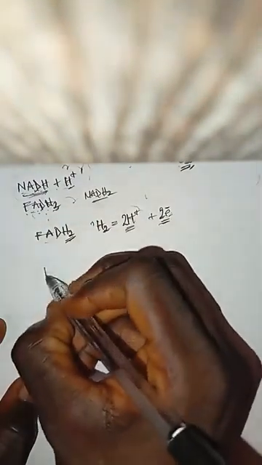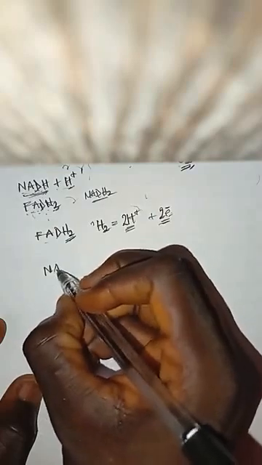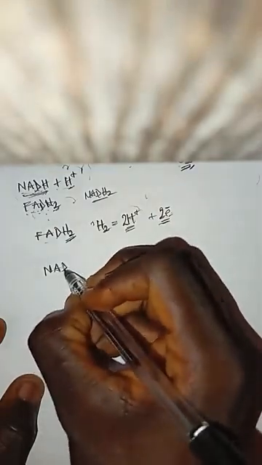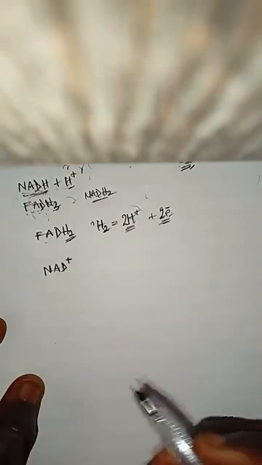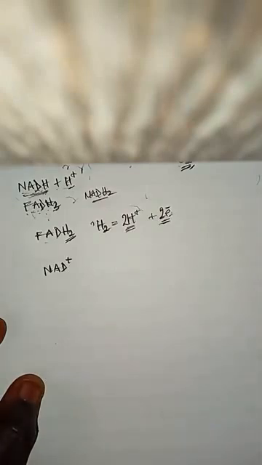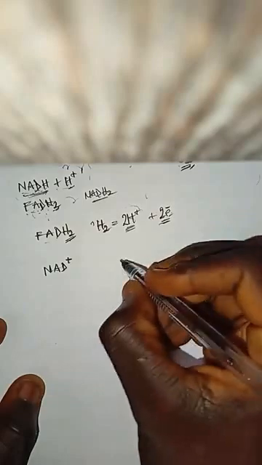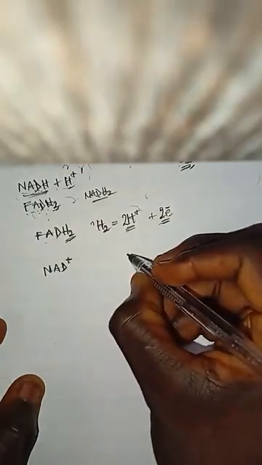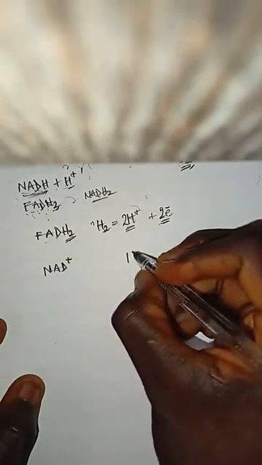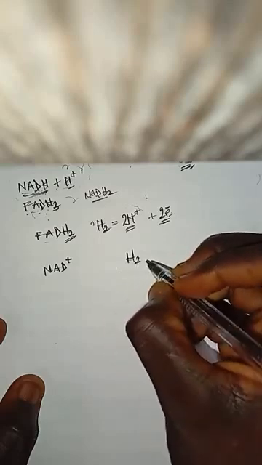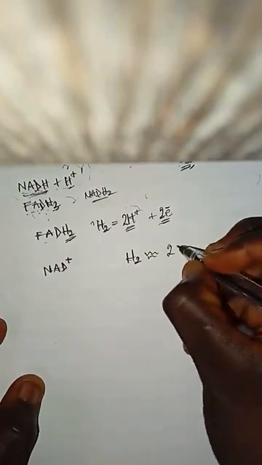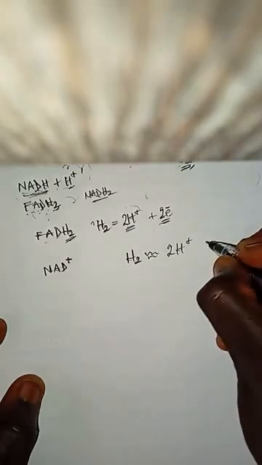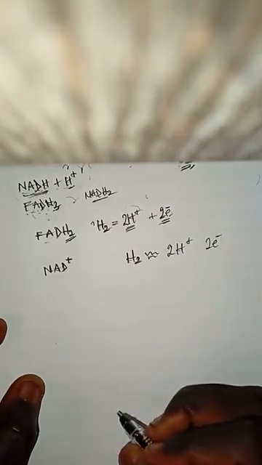Normally, the normal form of NADH is written NAD plus. And you know that these molecules basically will take 2 hydrogen, right? So if we take 2 hydrogen, let me say H2, this is what it is going to take. This thing is equivalent to 2 protons and 2 electrons.